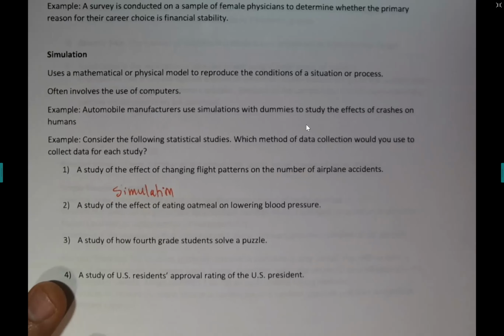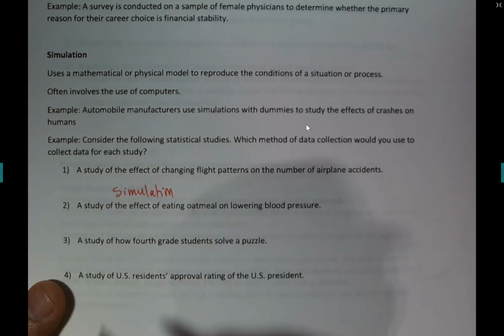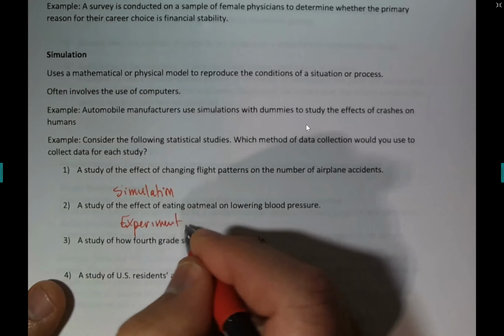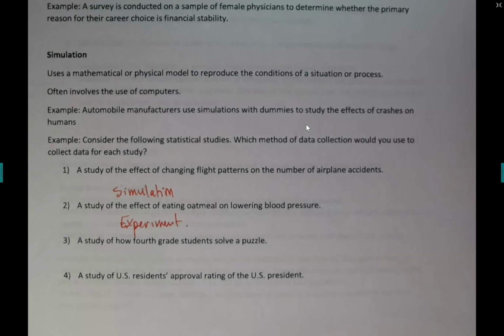Number 2, a study of the effect of eating oatmeal on lowering blood pressure. Experiment. Yes, it is an experiment. And here's how they should do it. They bring 2 groups. They pay them probably. Sometimes it's not volunteer, they just pay people.